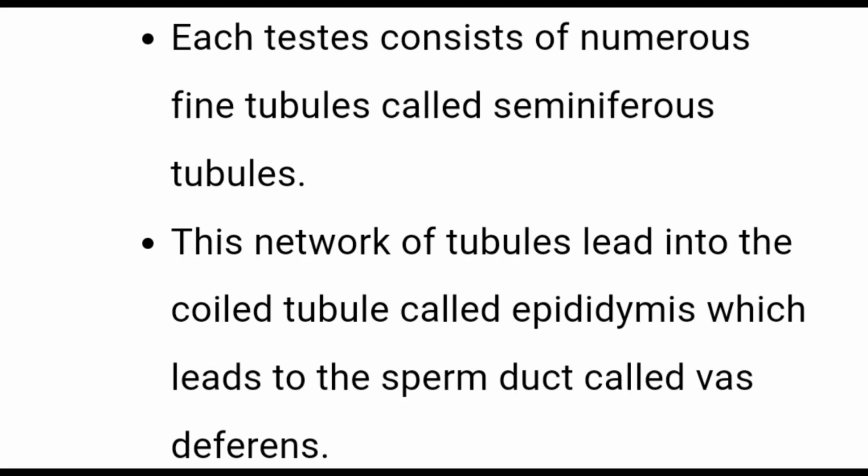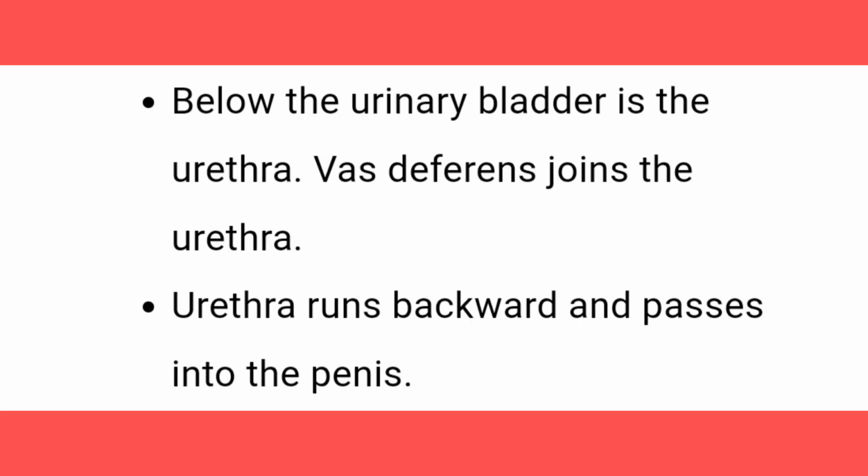Third point, each testis consists of numerous fine tubules called seminiferous tubules. Then fourth point, this network of tubules leads into the coiled tubule called epididymis, which leads to the sperm duct called vas deferens.